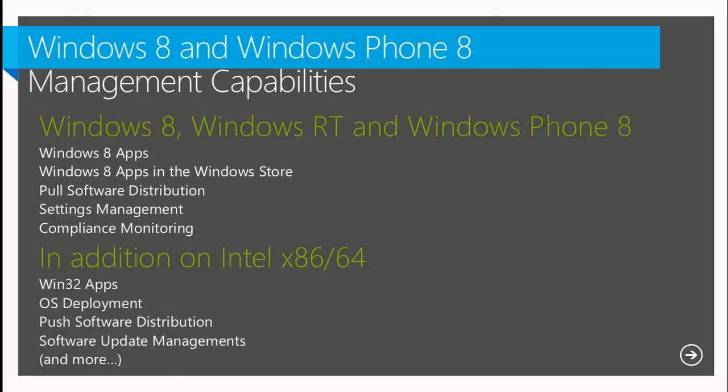You're able to do all of those things on a Windows 8 device. You're also able to do pull software distribution on not just a Windows 8 device, but also a Windows 7 device. You're also able to do settings management. For example, you're able to enforce spell check or do a myriad of other settings options, both in Windows 8 as well as on x86, past versions of Windows as well.